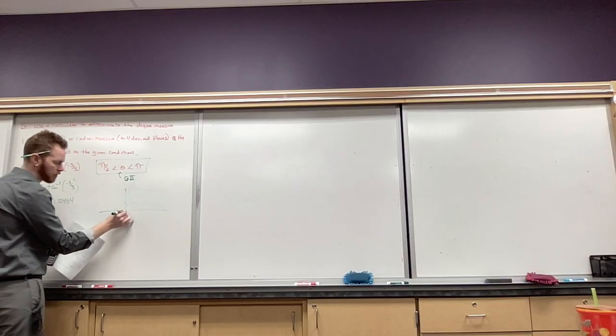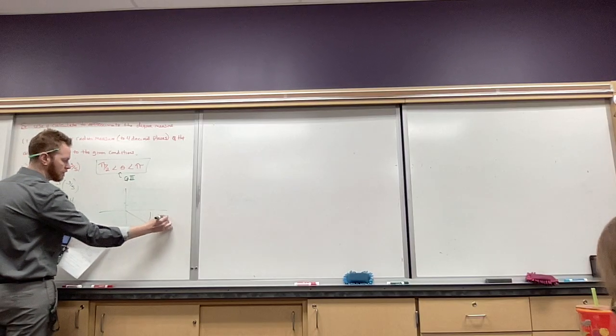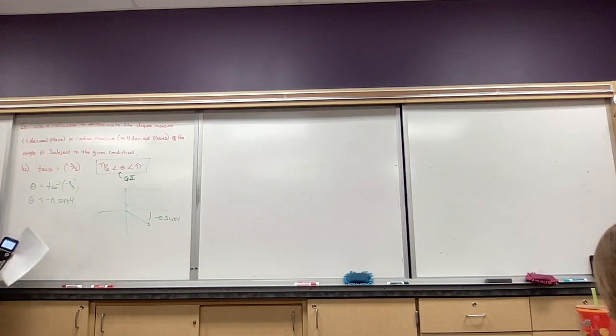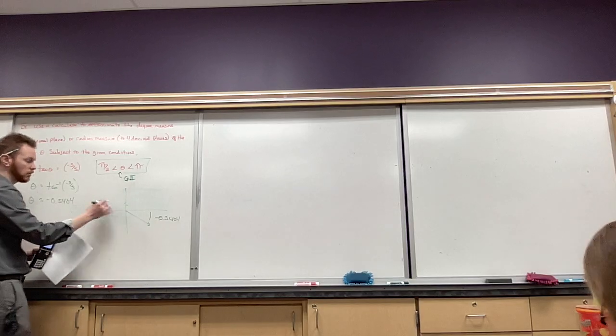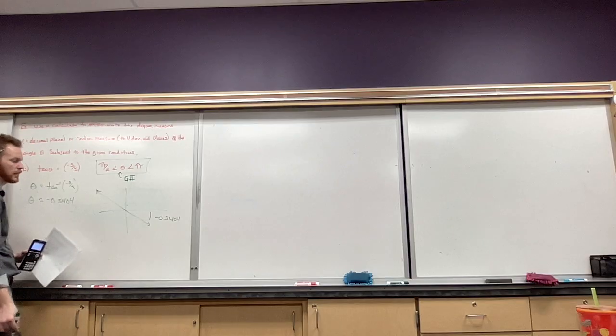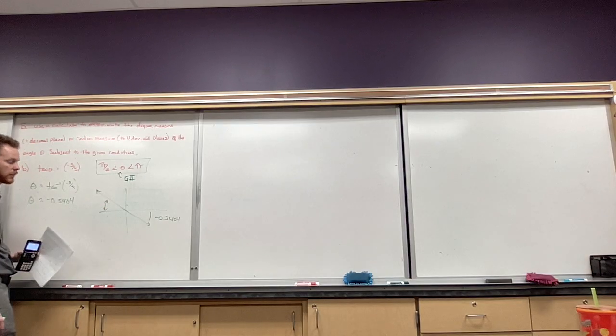Okay, so we're over here. That's where we're at. So this was 0.5404 radians. So to get over here, okay, what I can do is find the reference angle that puts me in this quadrant. So I'm going to be over here. That's where I want to be. So let's find this reference angle to figure it out.